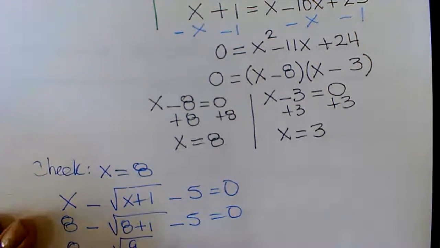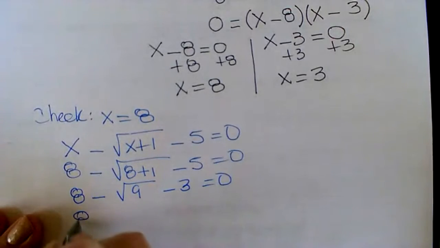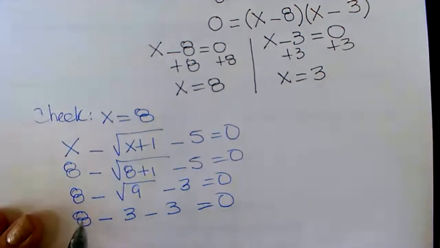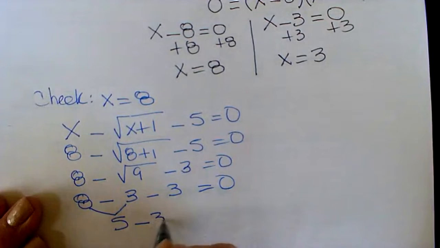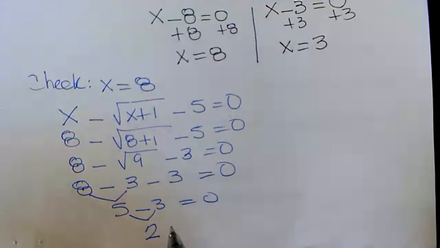So this is going to be 9 minus 3. Square root of 9 is 3 minus 3. So 8 minus 3 will be 5. And 5 minus 3 is what?